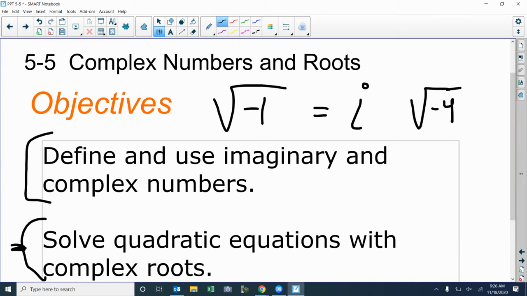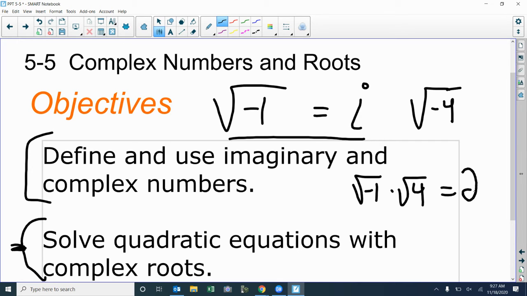So this works out to be the square root of -1 times the square root of 4. I just told you the square root of -1 is i. The square root of 4 is 2. So this simplifies to 2i.